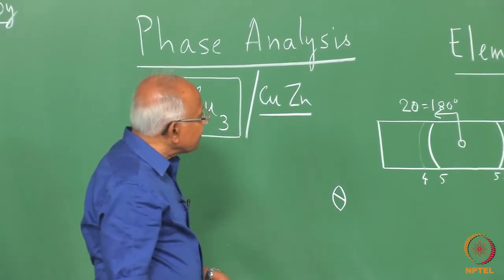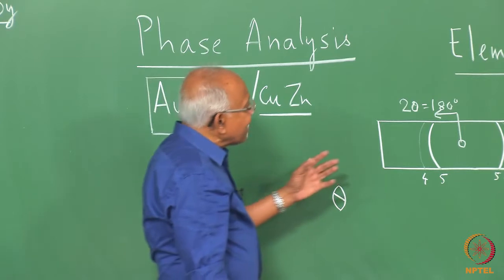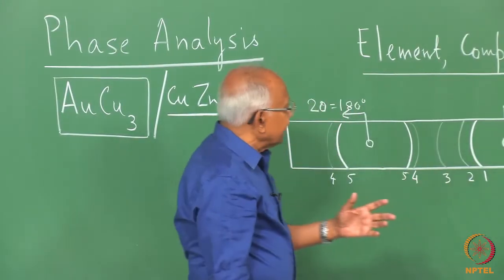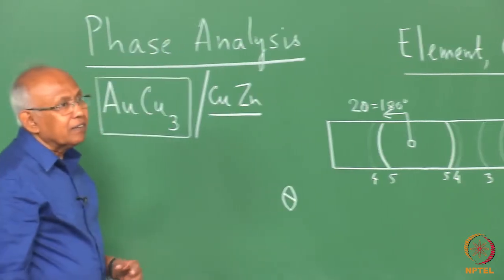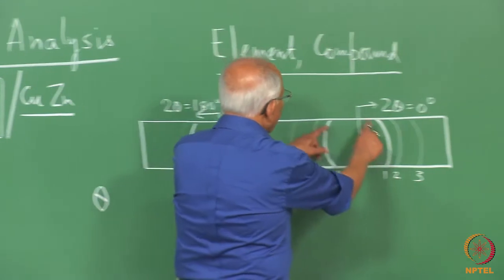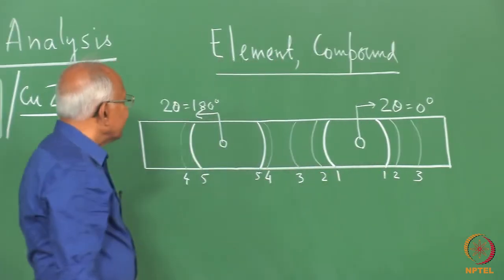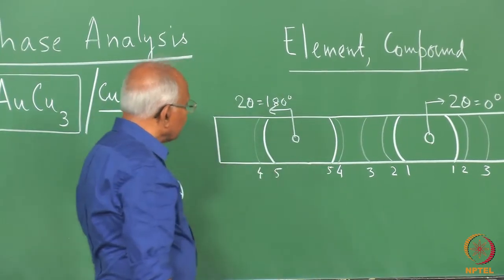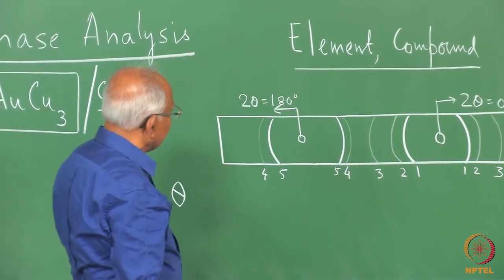Over and above that, these diffraction lines have different relative intensity values. Say for example, the line 1 has a very strong intensity, like 5 also has a strong intensity.